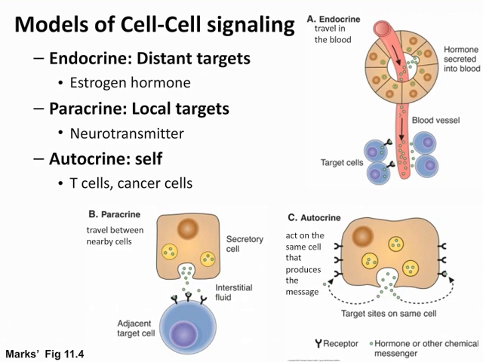So think of your neurotransmitters such as acetylcholine. So in picture B, you see 2 different cells, but they're adjacent to each other. So local targets are going to be paracrine. And then you have autocrine, which is self. So it's just involving a messenger that acts on the cell from which it is secreted.